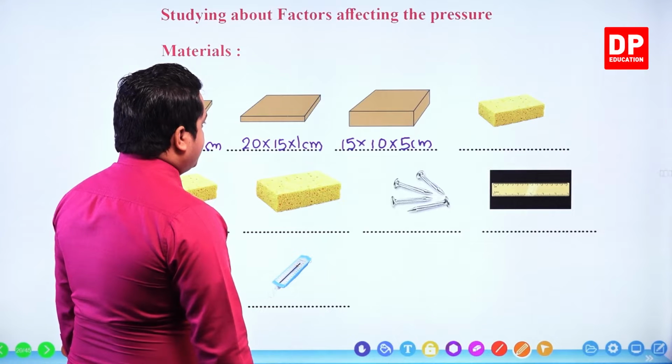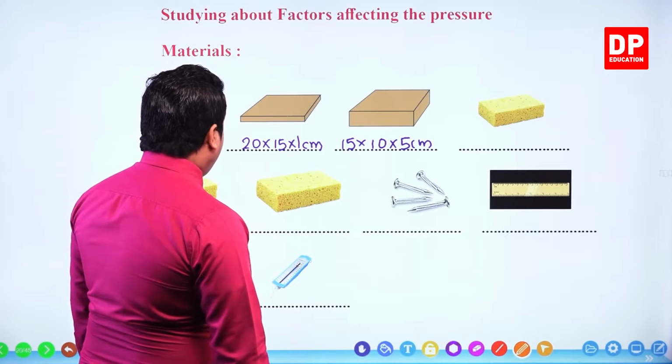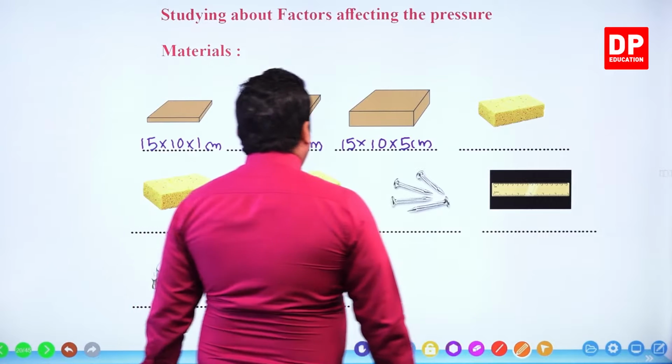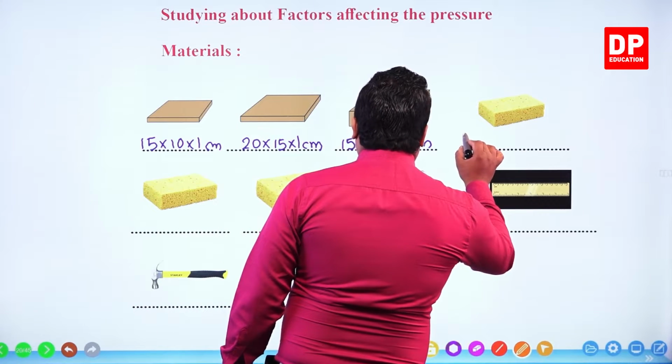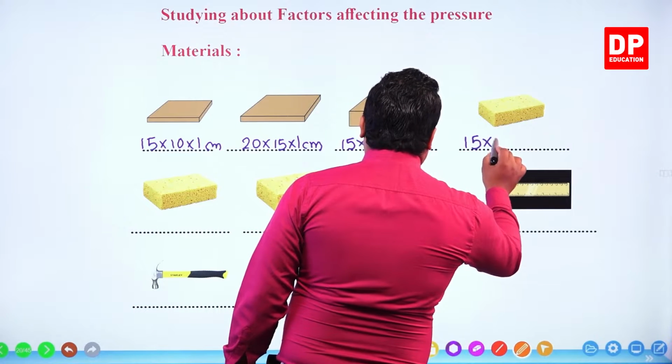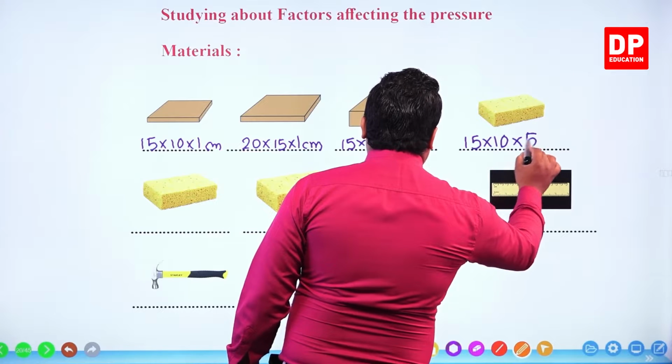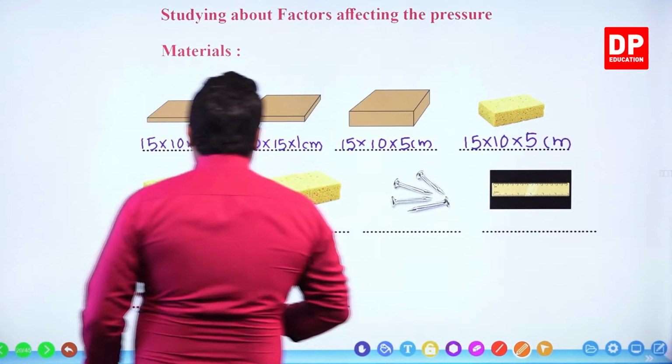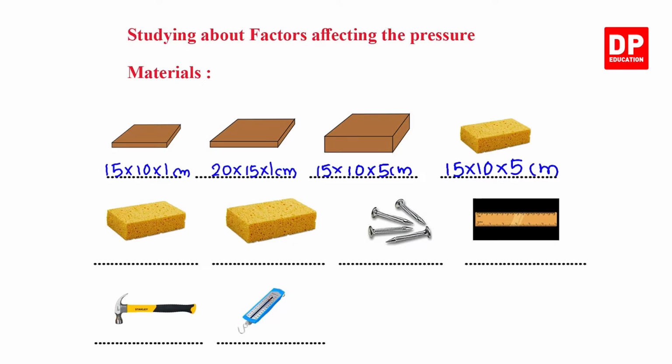Then the sponges should be 15 by 10 by 5. This one, 15 by 5 by 5, where we have to use several areas.